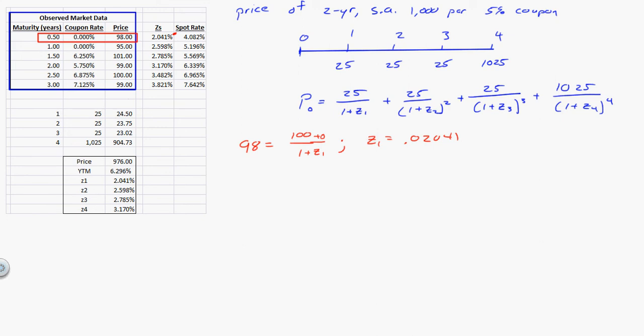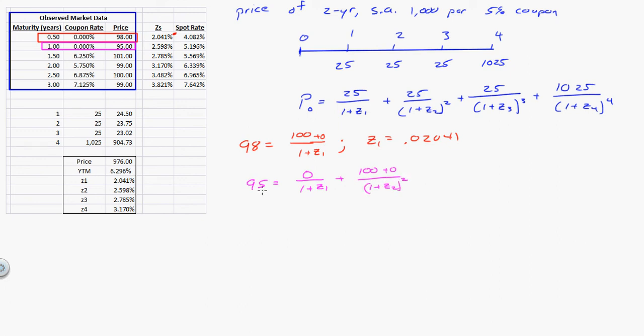Alright, so now I continue the process. I find another T-bill that matures in 1 year, and it's going to pay me $0 in 6 months over 1 plus Z1, plus 100% of par plus 0 coupon, and the value of that is 1 plus Z2 squared.